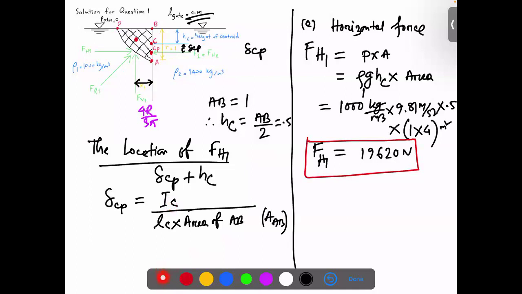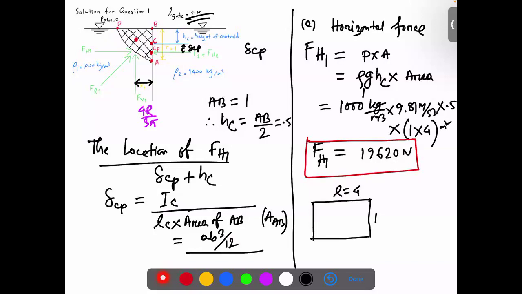If we assume the length of the gate is 4, and the radius is 1, we can say this is kind of a rectangle. So we can use the formula for the rectangle. In the chart I showed you during the lecture, it is AB cubed over 12. This is the Ic.